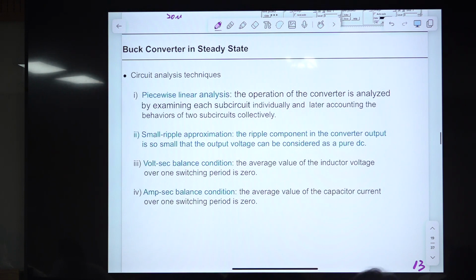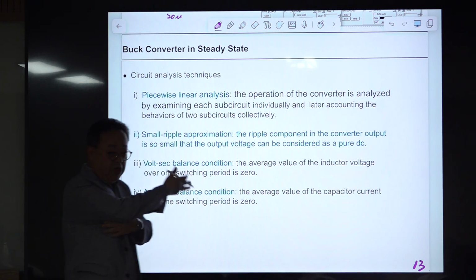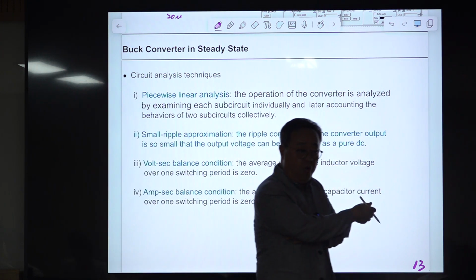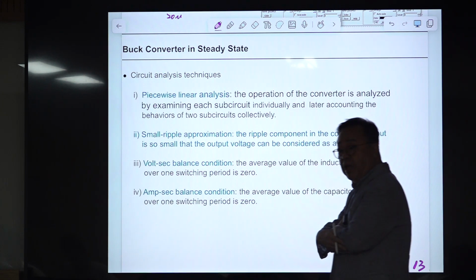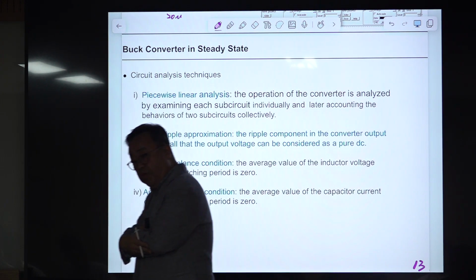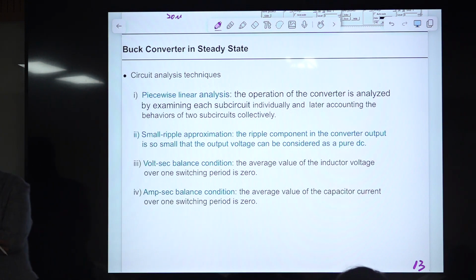We have several techniques. Circuit analysis techniques will be used for the analysis of a PWM converter or any other switching circuit. Of course, we use Ohm's law, the device equations of the inductor, capacitor, and transformer. We use KCL, KVL, Kirchhoff's laws. Okay, those are the basic things.